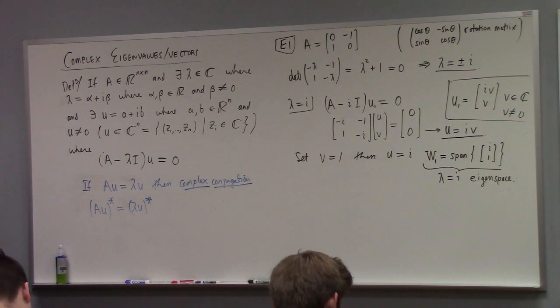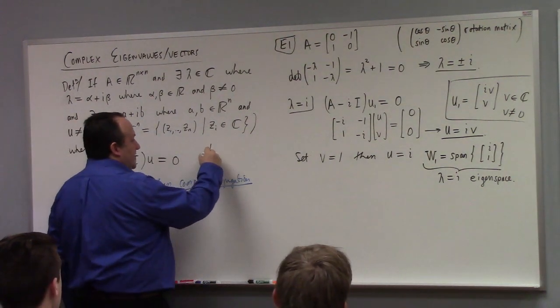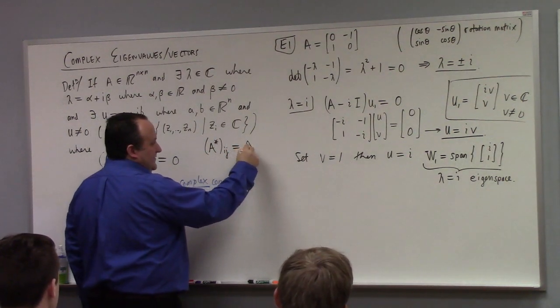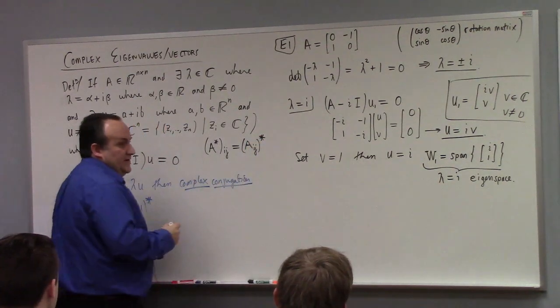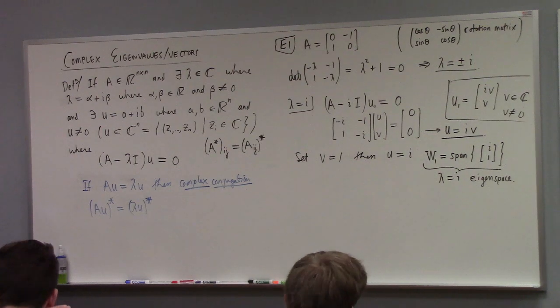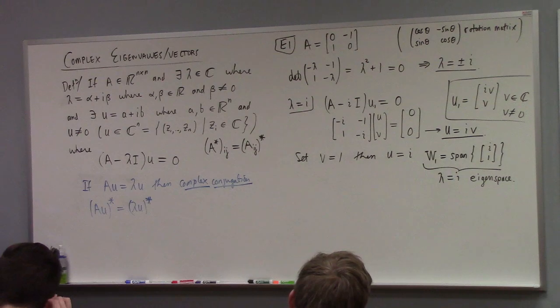No? Okay, cool. Because the definition for the complex conjugate of a matrix, the ijth component of that, is the ijth component of the matrix complex conjugated. So complex conjugation is just done component-wise. All right? And properties of the complex conjugate are stupidly simple.